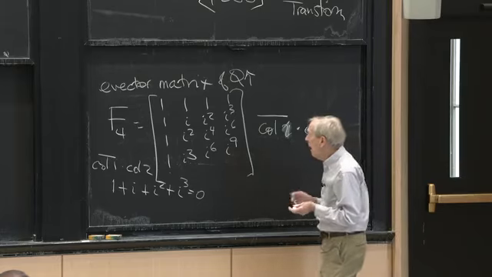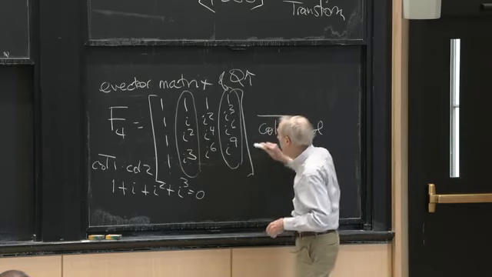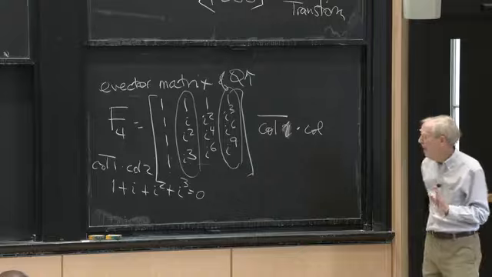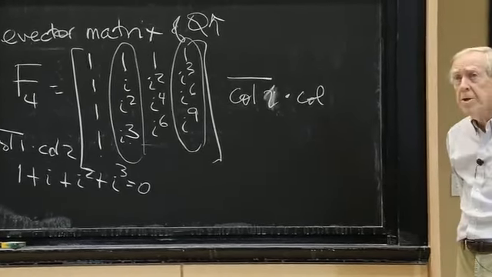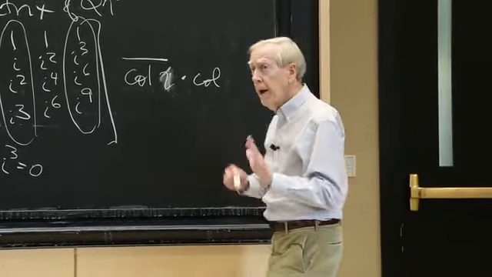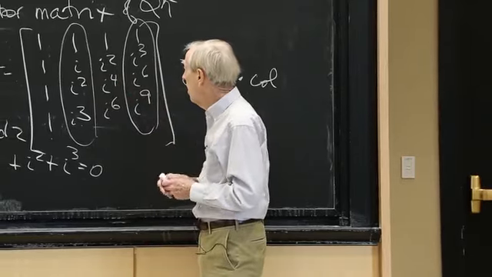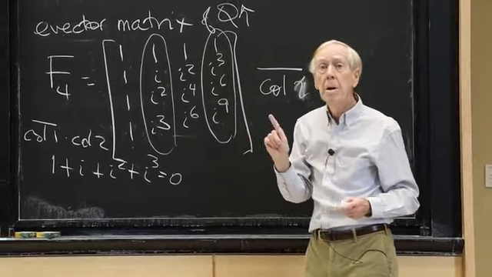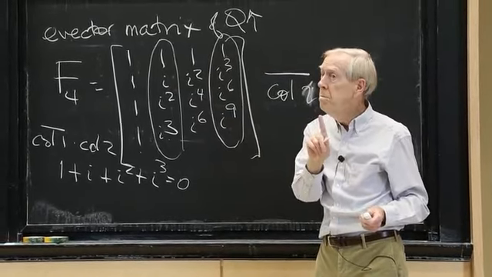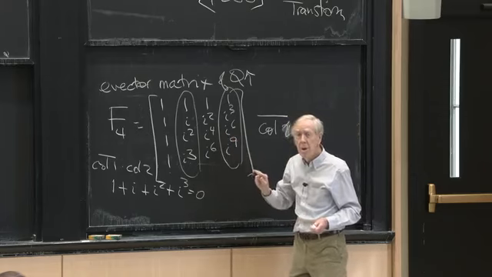Yeah, look what happens. Take that column and that column. Take their dot product. Do it the wrong way. So what's the wrong way? Forget about the complex conjugate and just do it the usual way. So 1 times 1 is 1. i times i cubed is 1. i squared times i 6 is 1.